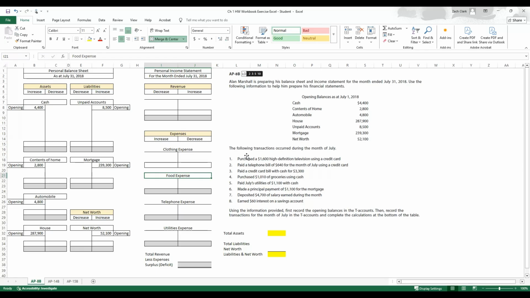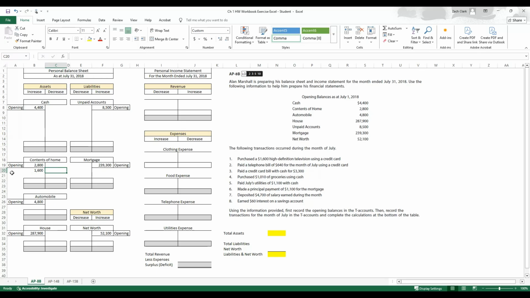Okay, so back to the problem now with that context. We purchased a $1,600 television. A television is something that we own. It's an asset, and so that's going to be in our contents of home section. And it tells us that we purchased this television using a credit card. And really quick, just to circle back, I want to differentiate. Cash did not go out.